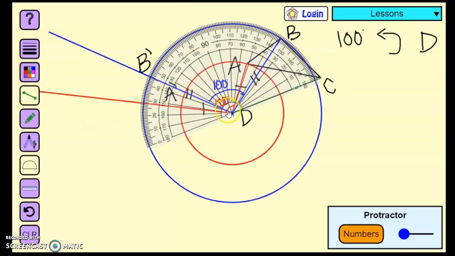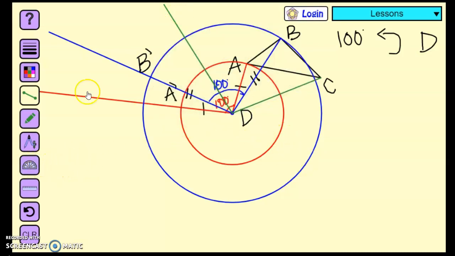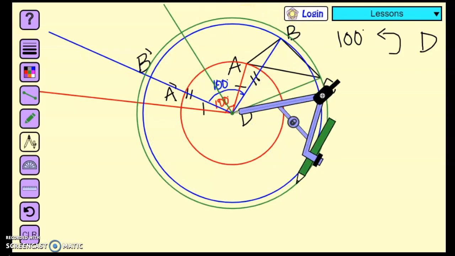Come on. Draw a ray that intersects my protractor at 100 degrees. It just disappeared. Stay. Okay. Then I'm going to get rid of my protractor, grab the compass tool, measure the radius to be the length of CD, and draw my last circle.